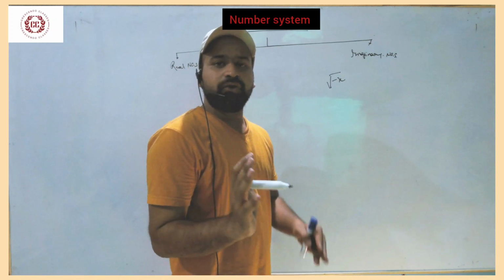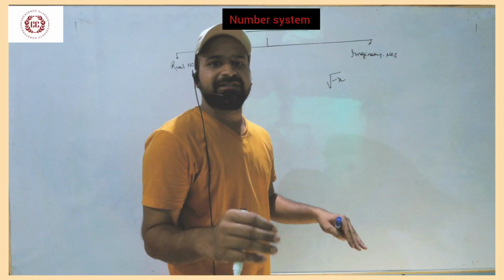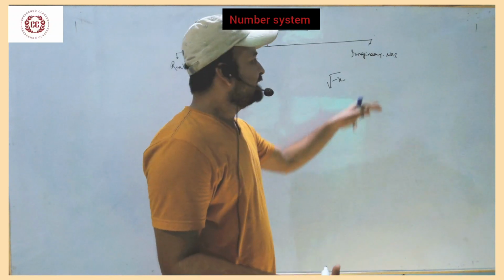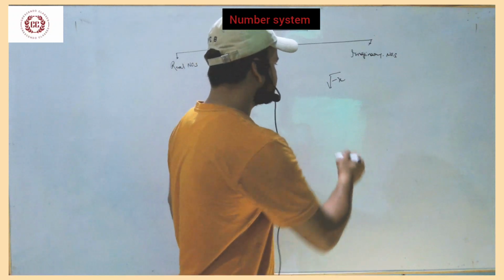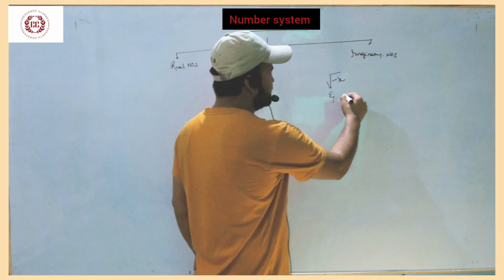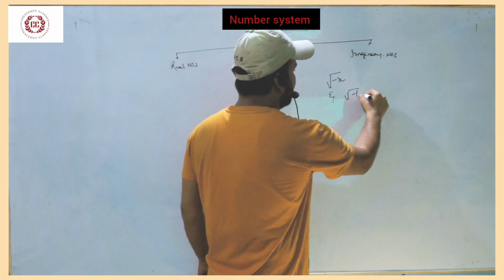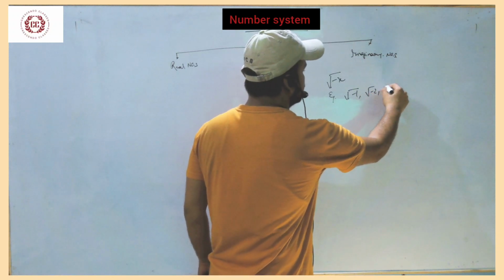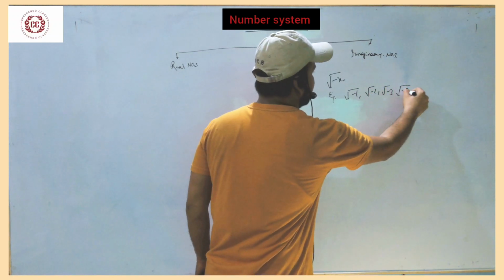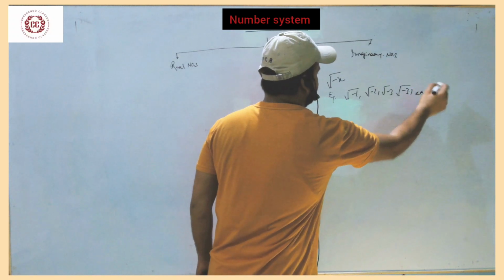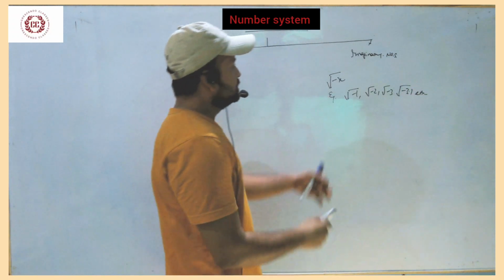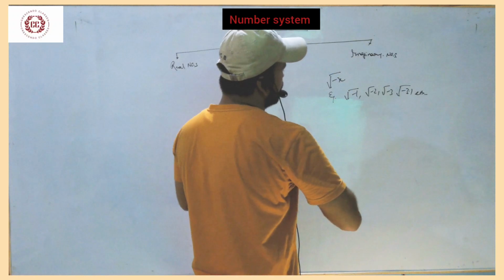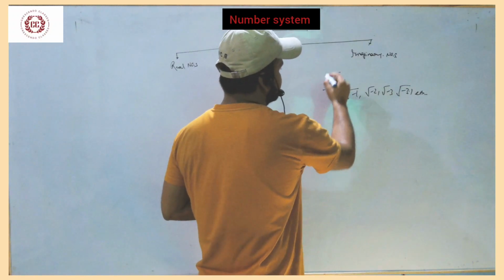Imaginary numbers don't have any practical existence. They are only imaginary, as the name itself suggests. For example, we can take root under minus 1, minus 2, minus 3, minus 3.1, etc. This format of numbers will be called imaginary numbers.